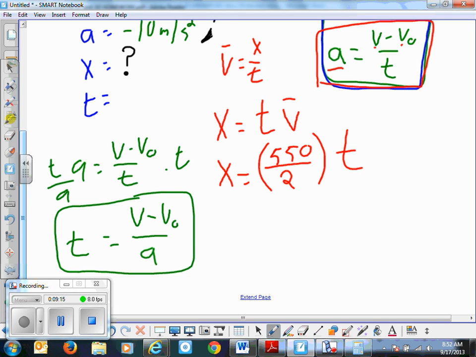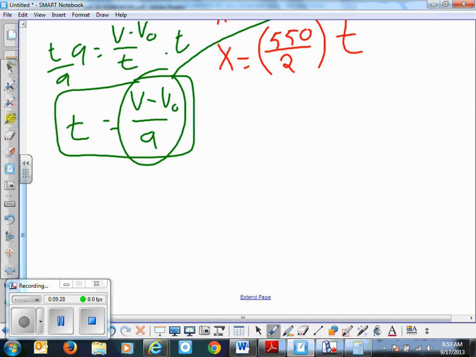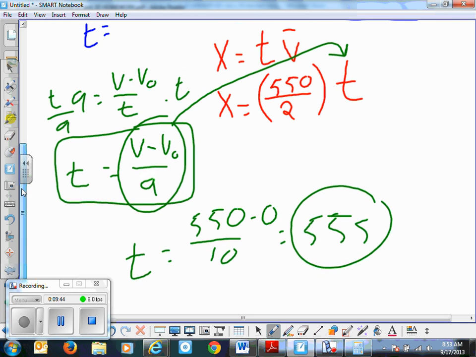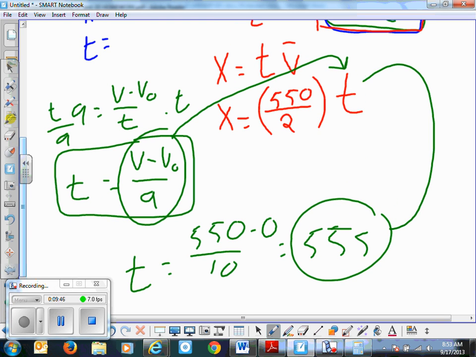Okay, so now we could either solve for this and then put t in, or we could put this in, right in there, and then solve for it all. It's up to you. I guess in this case I'm going to solve for t myself. So t equals 550 minus 0 divided by 10 equals 55 seconds. Okay, so now I can put that in there.